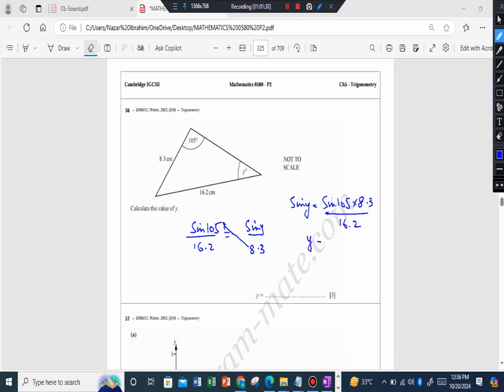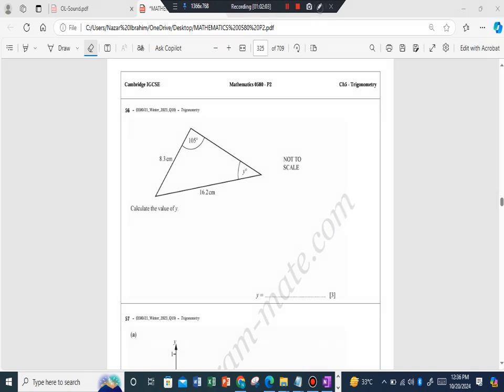Let's put the values in the calculator. Sine 105 multiplied by 8.3 upon 16.2, and taking the sine inverse, I'm getting 29.66, which can be taken as 30 degrees. So y is equal to 30 degrees. Let's move further.